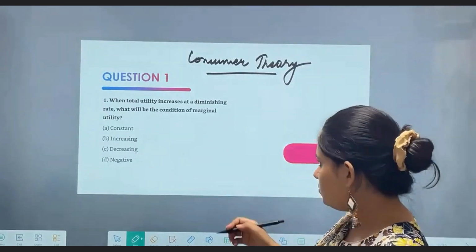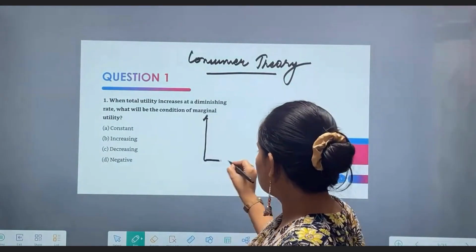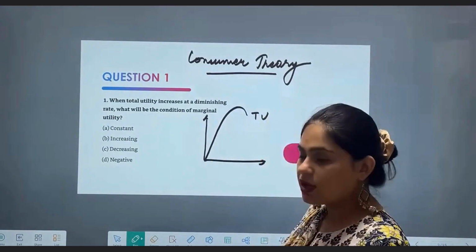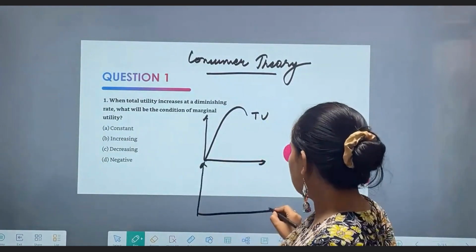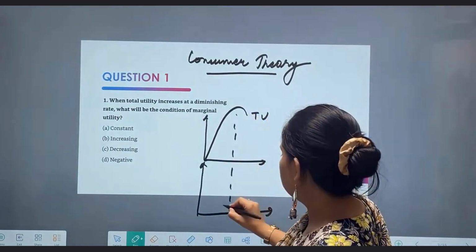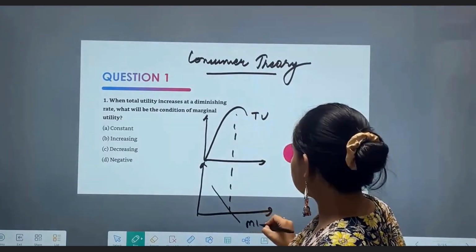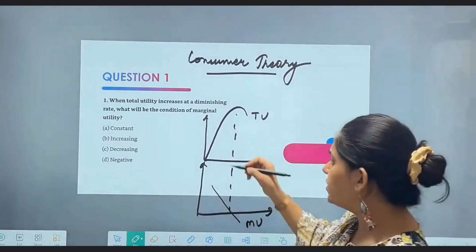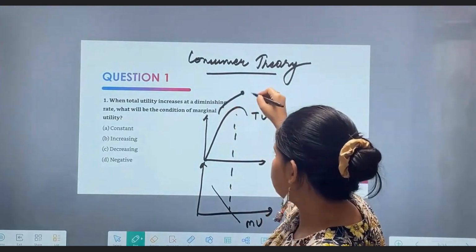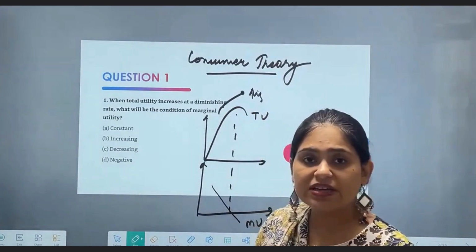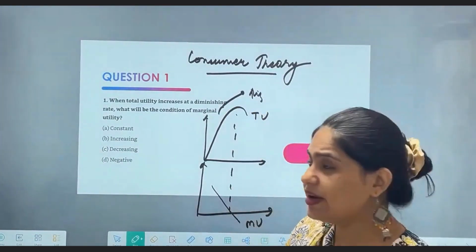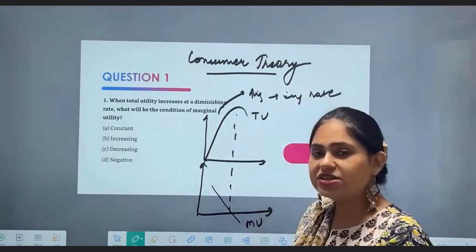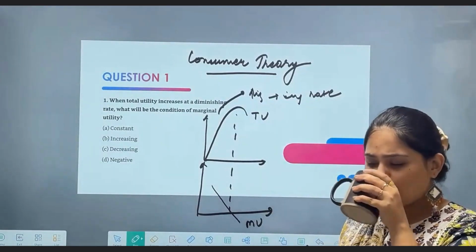Okay, so let's see. This is how I can make my total utility diagram, and this is how I can make my marginal utility diagram, right? Here total utility is increasing, but it is increasing at a decreasing rate. So what is happening to marginal utility?